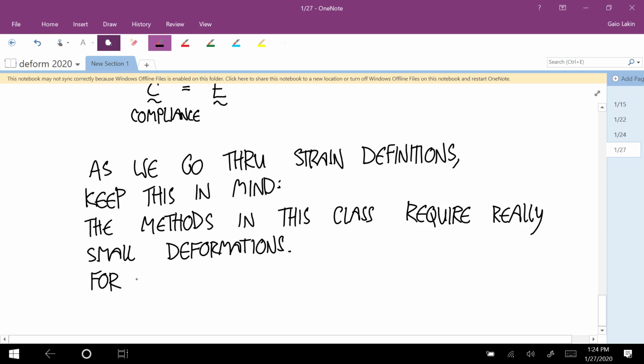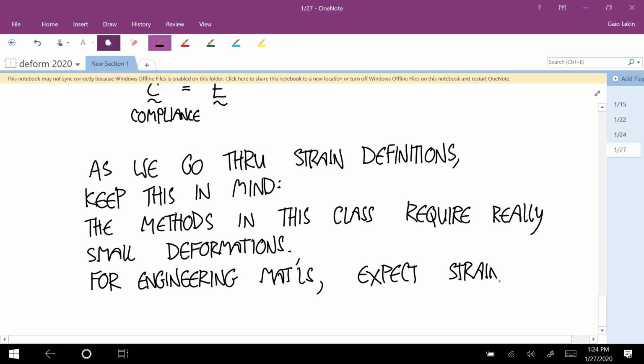For engineering materials, expect strain values smaller than 10 to the minus 4th.